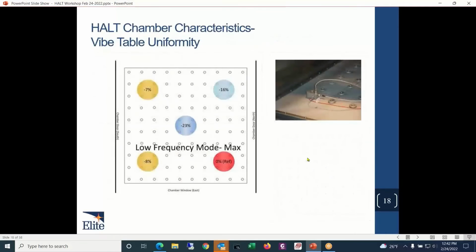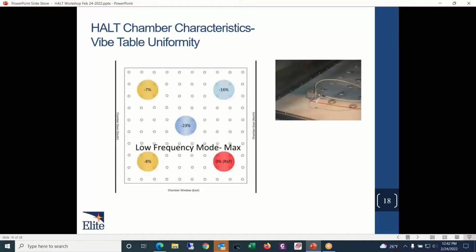But what we find is that if we take this location as our reference point, elsewhere on the table in the low frequency mode, where this is our maximum level, we might see the HALT vibration 23% less here, 16% less, 7% less here. So this was our hot spot for vibe when we were running that particular demonstration.